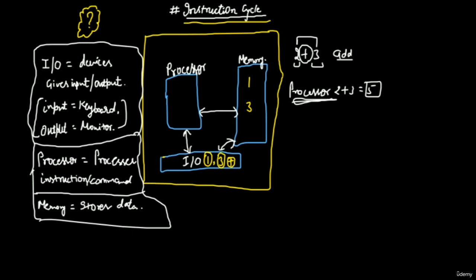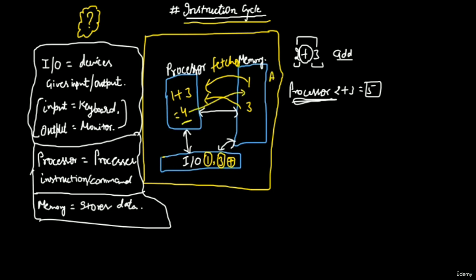Now what is going to happen? The processor fetches this data and adds them, and when the result comes as 4 in our case, it's going to be stored again in the accumulator. Remember the accumulator?